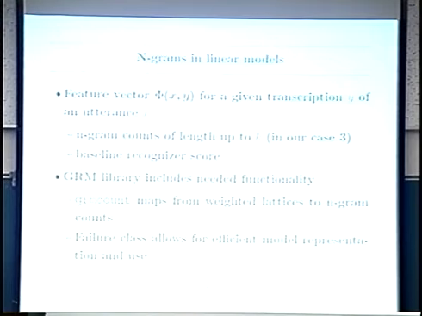They can be fractional, because these are all probabilistic weighted automata. And other improvements on the simple finite state framework. I'll be talking about the failure class, which is an efficient way of representing back-off models.